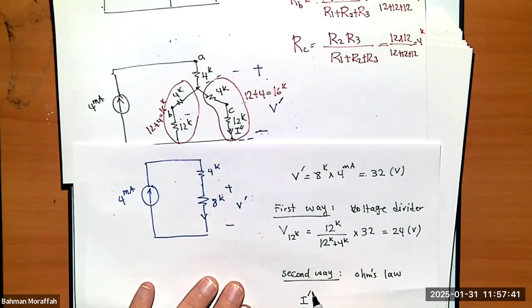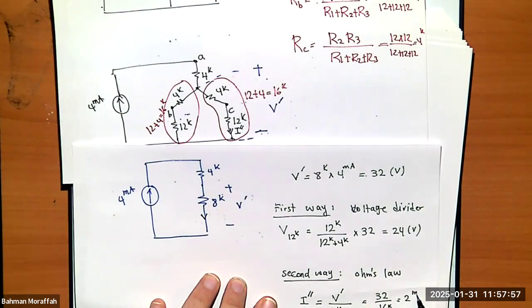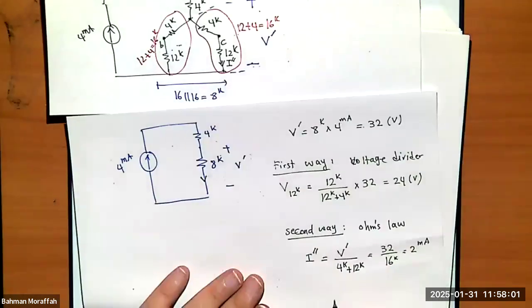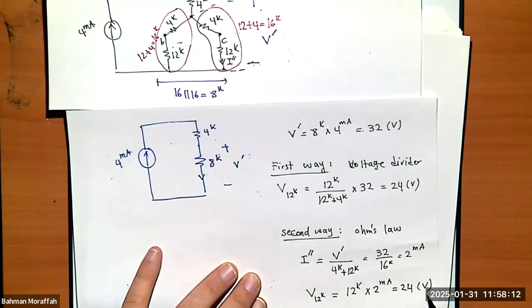I know I double prime is V prime divided by 4K plus 12K, which is Ohm's law, which is 32 divided by 16, which is 2 milliamps. Therefore, again, use Ohm's law again, the voltage across 12K is 12K times 2 milliamps, which is 24 volts.